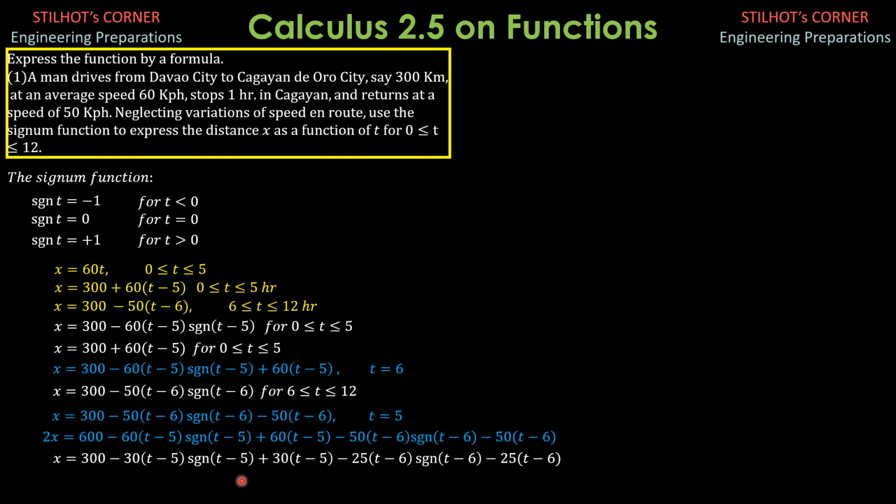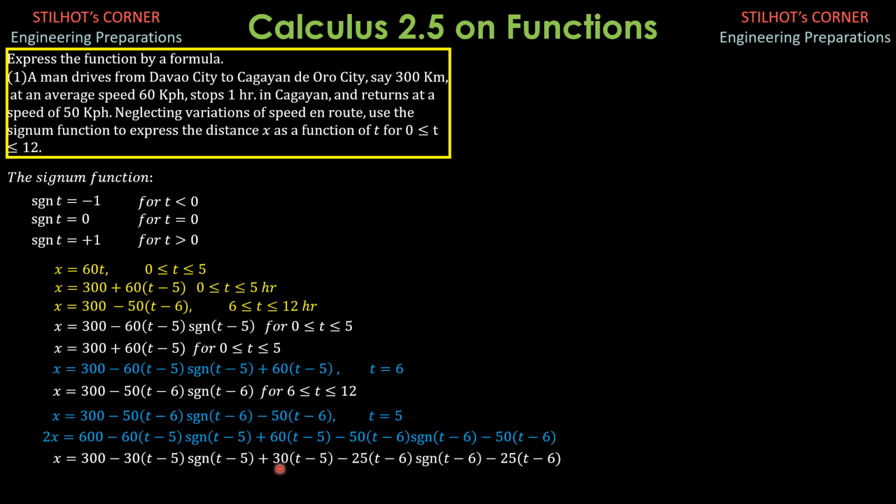Simplifying this expression, that would be the expression for the distance from Davao City, and this is now applicable for the time period 0 to 12. But before we simplify this, take note that 30t minus 25t is 5t, and 30 times negative 5 is negative 150, then negative 25 times negative 6 is positive 150, so the 150 term would be eliminated.